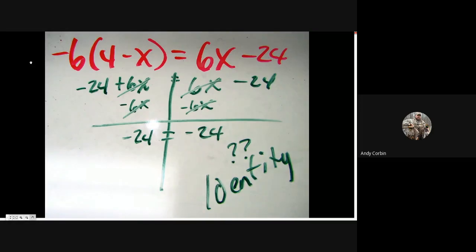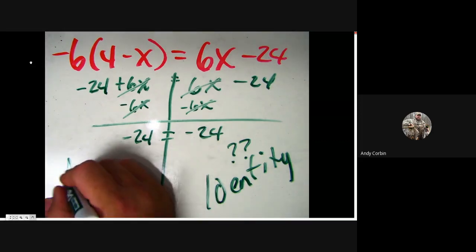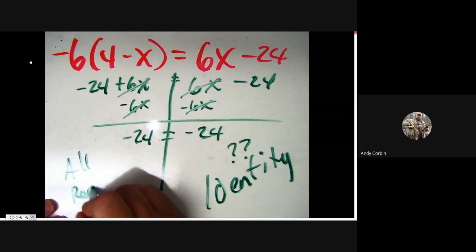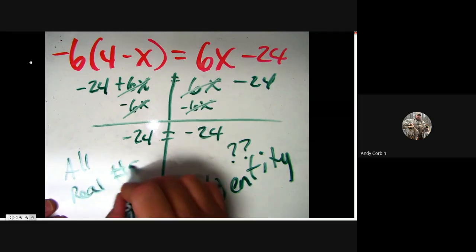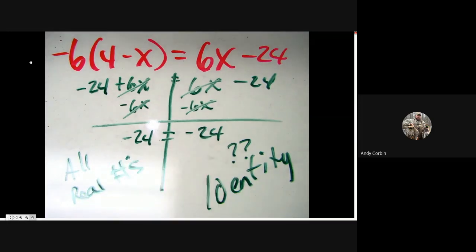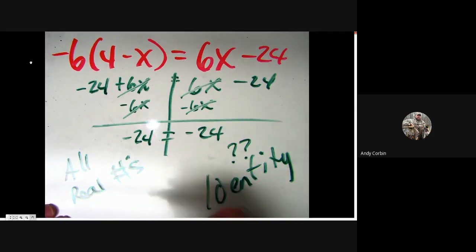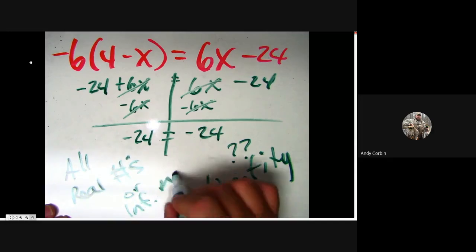And so the solution to the equation, when you get this, is all real numbers. That means you can put anything in for x and it will satisfy the equation. You might say all real numbers, or sometimes they'll say infinitely many solutions.